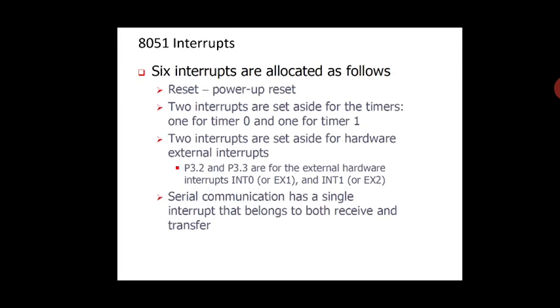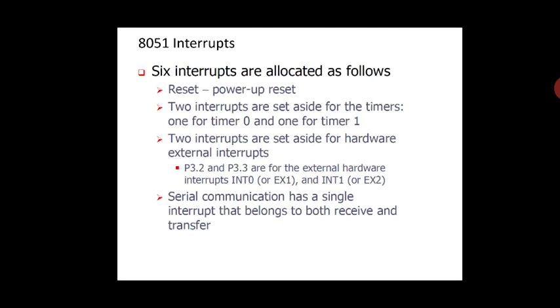Now, the 8051 supports 6 interrupts. We'll see reset. 2 interrupts are set for timers, 2 are set for external hardware interrupts, coming from port 3.2 and 3.3, which we call external hardware INT0 and INT1.